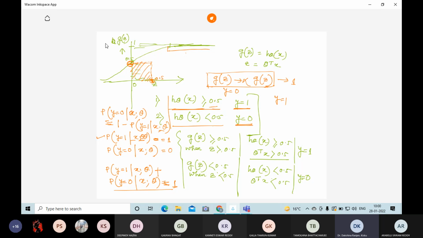After having the predicted value as a continuous value, we can decide about the class levels, and finally we get the class levels as a binary decision: either a positive class or a negative class. Accordingly we assign the value 1 to the positive class and 0 to the negative class.